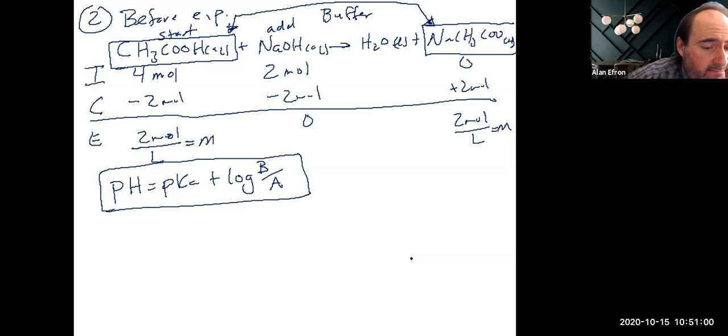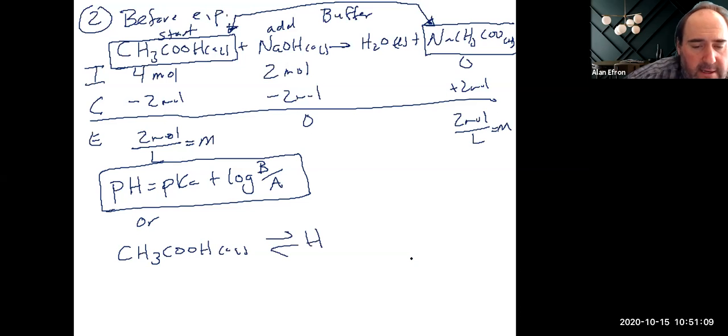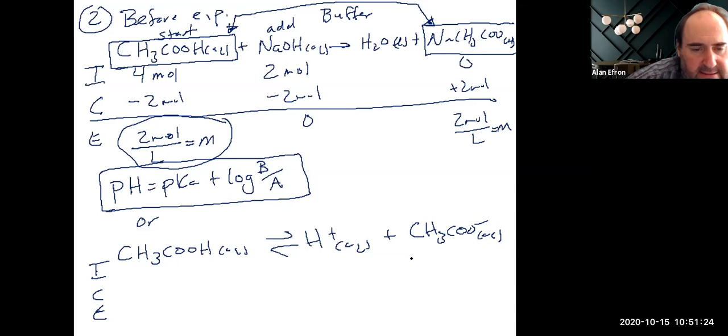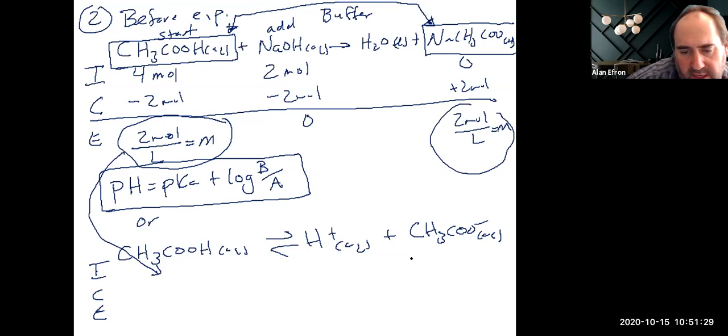Alternative to that, you could set up a second ice table. That is the weak acid breaking apart, just like we did when we talked about common ion. You would take the molarity of these guys, and they would become your initial concentrations on both sides.